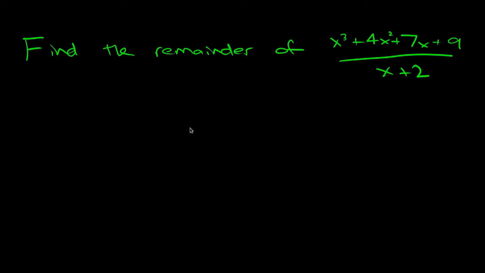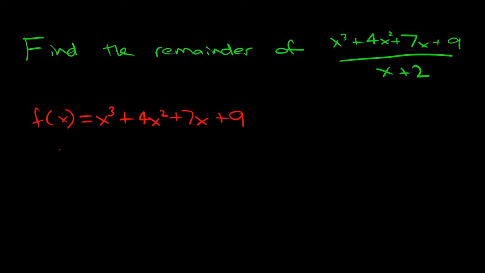Find the remainder of x cubed plus 4x squared plus 7x plus 9 divided by x plus 2. This looks nasty, but let's do the same thing. F of x is equal to x cubed plus 4x squared plus 7x plus 9.